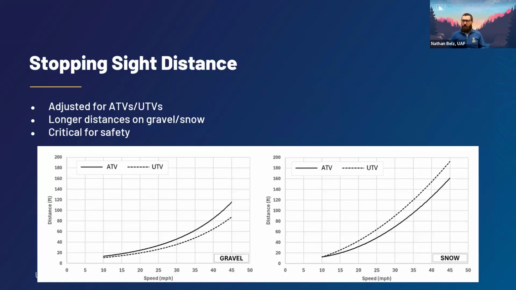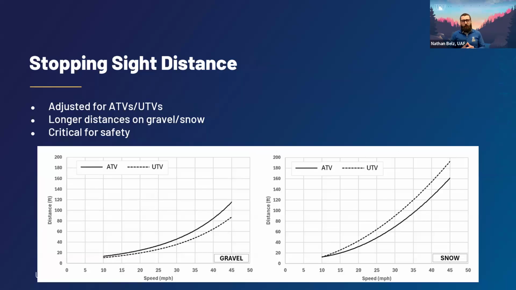Moving on to some geometrics. Stopping sight distance. What we've recommended here is to adjust for ATVs or utility vehicles. The idea being, if this is the primary design vehicle, then we can adjust the conventional stopping sight distances that are assumed or calculated based on passenger vehicles.